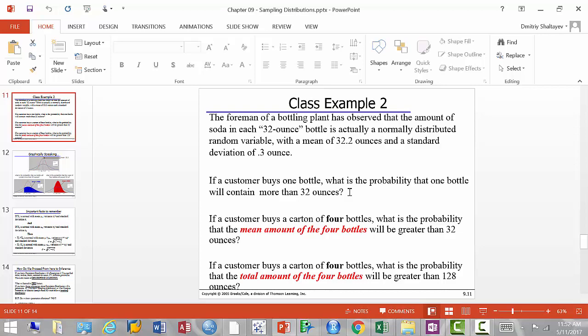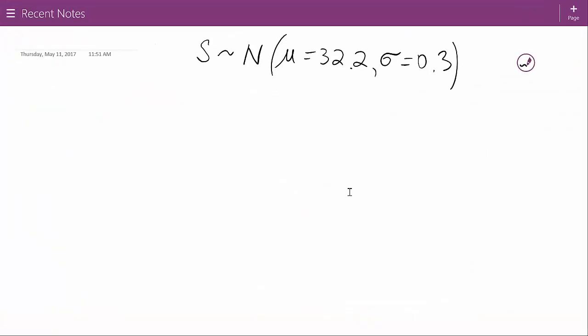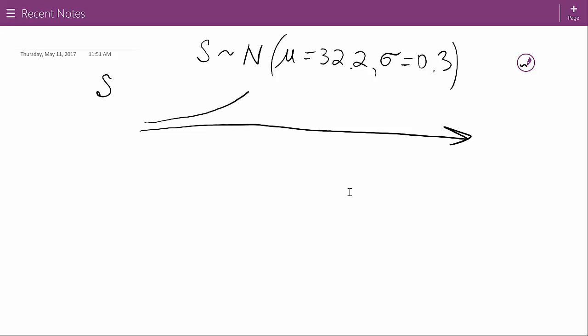So here we're talking about just one observation from the population, right? So what I have graphically in this problem is this. This is my distribution of the S, okay? The entire population, the amount of soda that I put in every bottle. It's normally distributed, and it looks like that. The average, according to the foreman, is 32.2 ounces, and the standard deviation is 0.3.